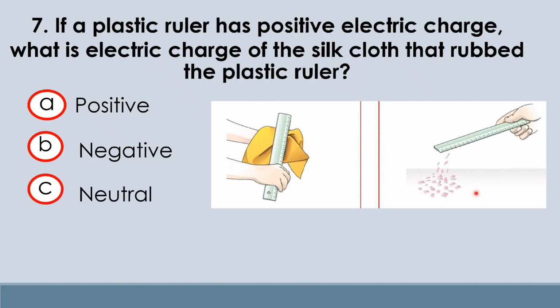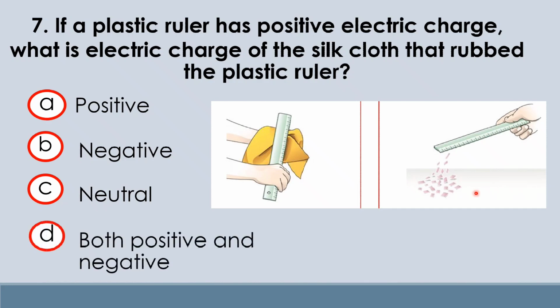Letter C, is it neutral? Letter D, both positive and negative. Remember, if there is attraction, what will happen? Of course, positive charge. So I think you already get the point here.